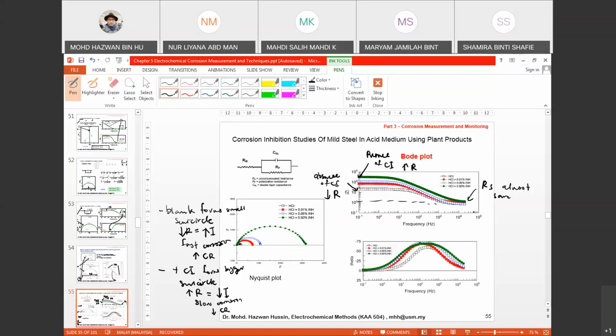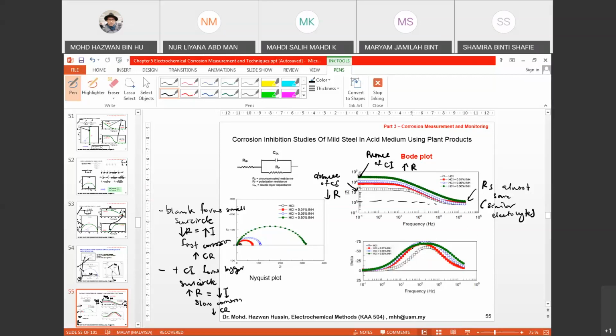Others are also the same, meaning you should have an almost similar resistance of solution, because we use a similar electrolyte. You should have almost the same value even though you change the concentration of the inhibitor. The only thing the inhibitor will change is the charge transfer process, the charge transfer resistance value.